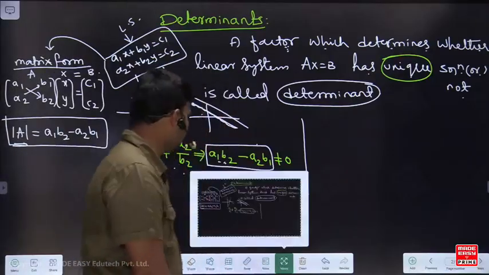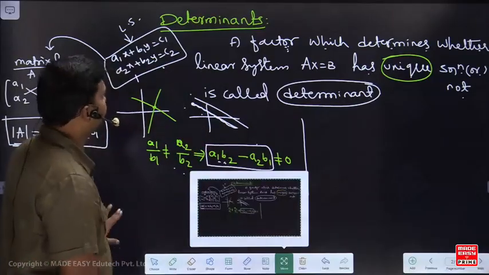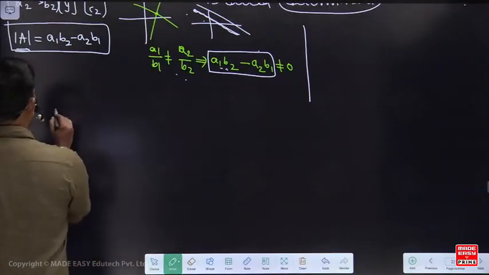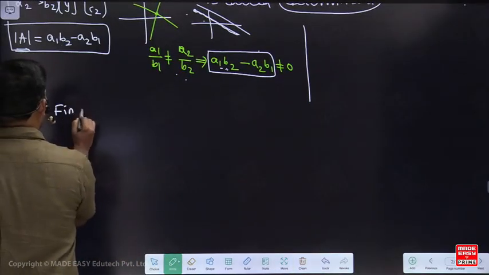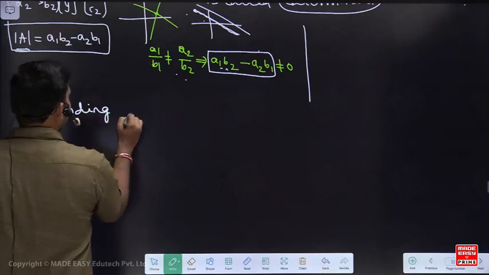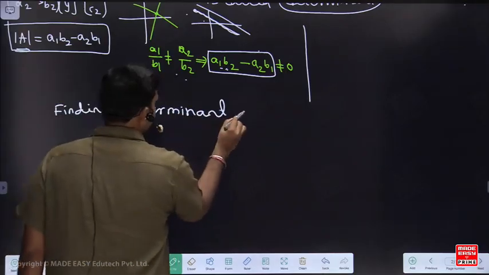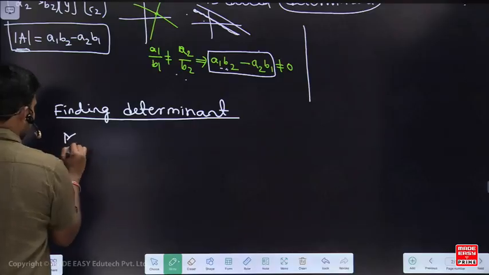So now let's move on, method of finding the determinant here.